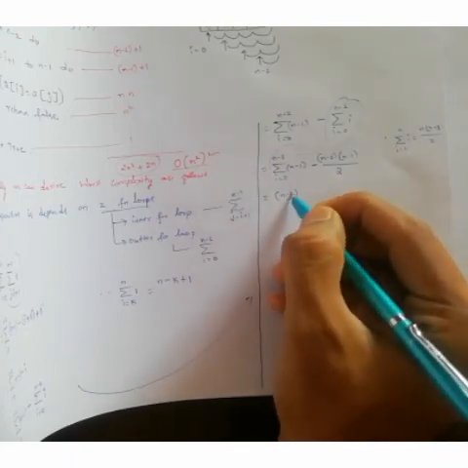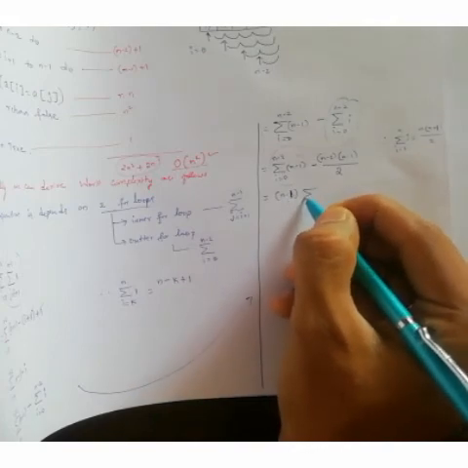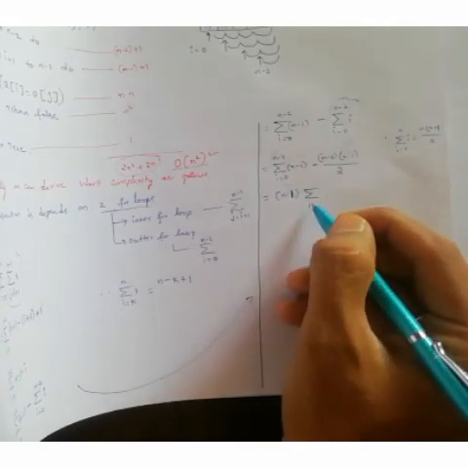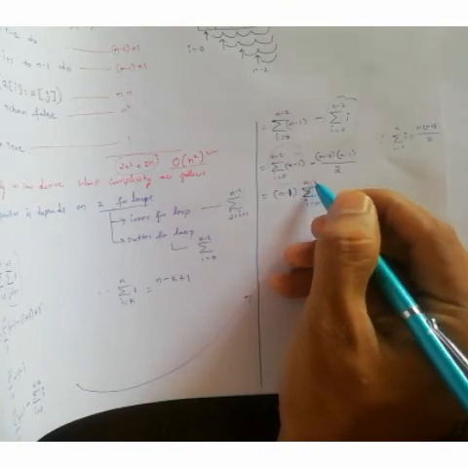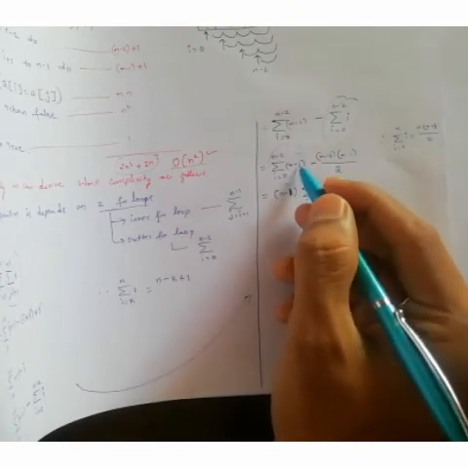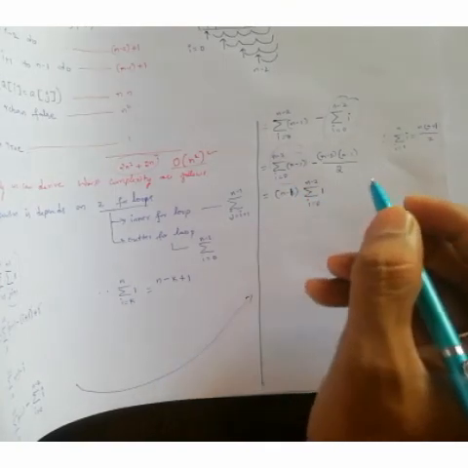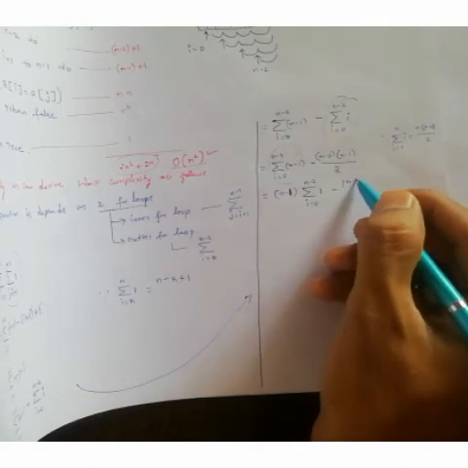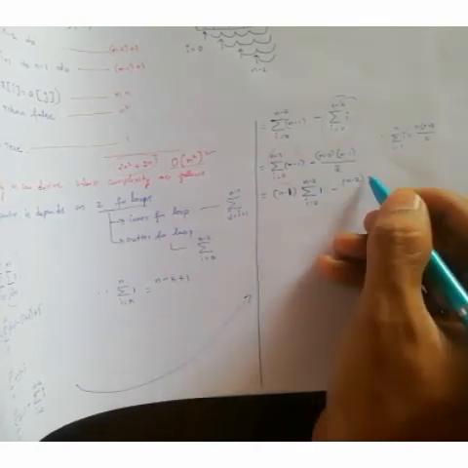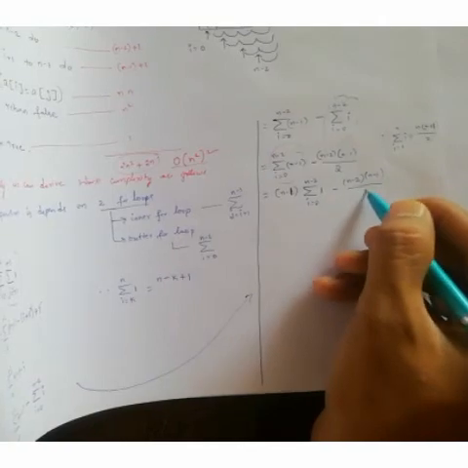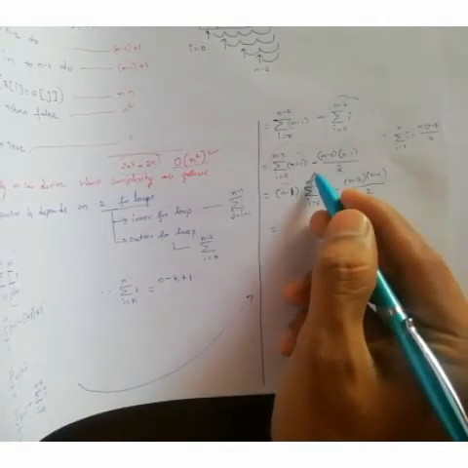So n minus 1 take outside. We don't have a formula for this. So summation I is equals to 0 to n minus 2 of 1. If you take n minus 1 outside, here it will come 1. So one more step is there to use this. So now I can use this.